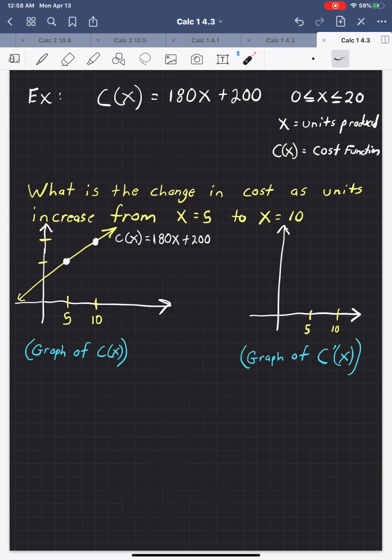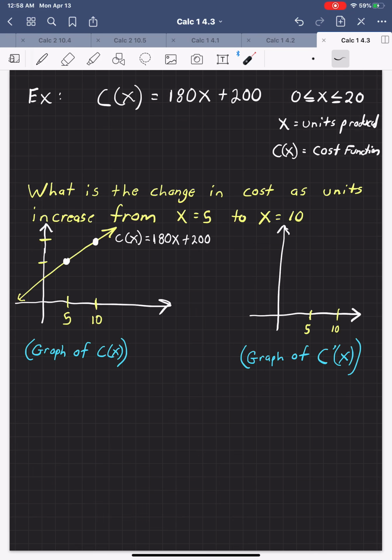With me? Now, we're told that x can vary from 0 to 20. In other words, you can produce no units, or if you really ramp it up, you can produce a maximum of 20 units. That's the most that you can produce.